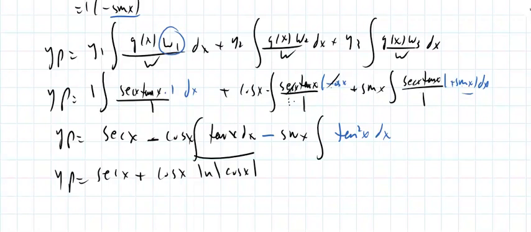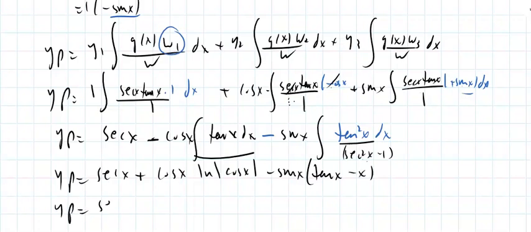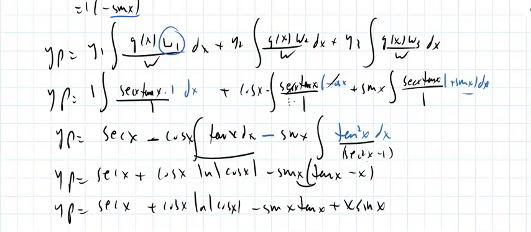And this is nothing more than secant squared of x minus 1. So that is minus sine of x. What do you take a derivative of to get secant squared? Tan of x minus x. So the particular solution is secant of x plus cosine of x times natural log of cosine of x minus sine of x tan of x plus x sine of x.